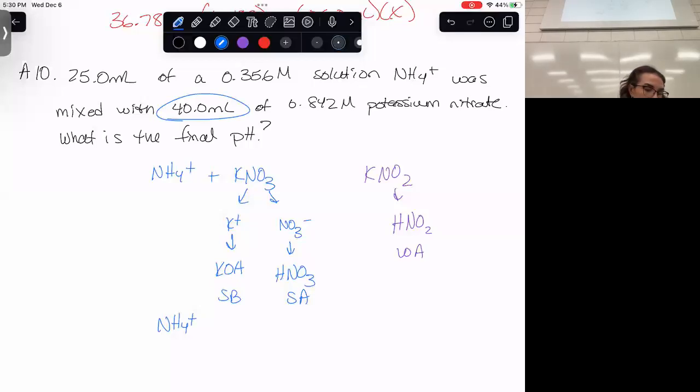It'll remove, right? If we had water in solution, this will donate its H plus, and it'll create NH3 and H3O plus or H plus. Questions on the reaction happening?